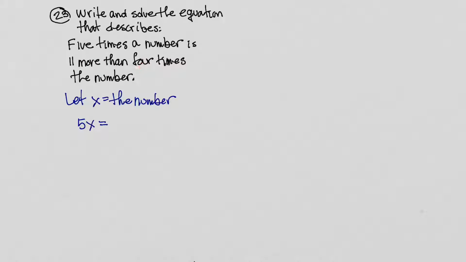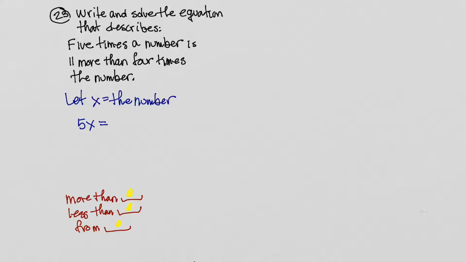11 more than. Now look, when you see things that look like this, let's just take a break here, I'll do this down here. When you see expressions that look like this, more than something, less than something, or the word from, here's what happens. This thing right here is your starting point.